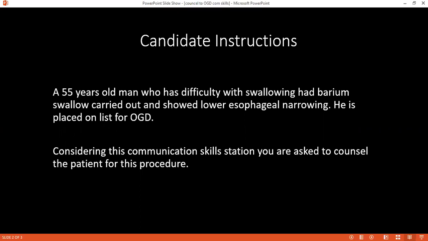Okay. So is there any risk associated with it? Actually, there is no procedure without any risk. So, for example, you could have damage to your teeth, and also there may be some sort of infection, maybe a chest infection, and also there may be a cut to your food pipe.